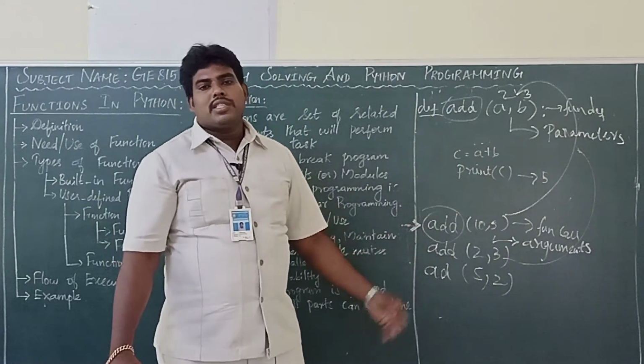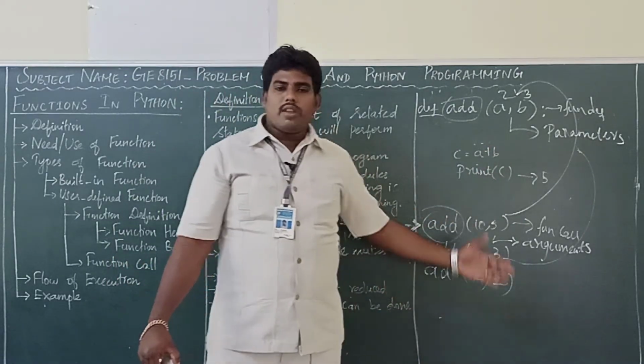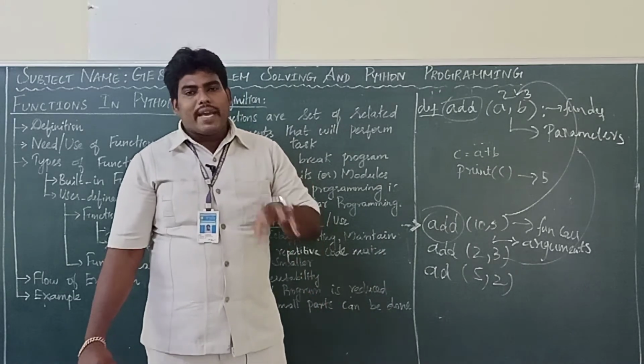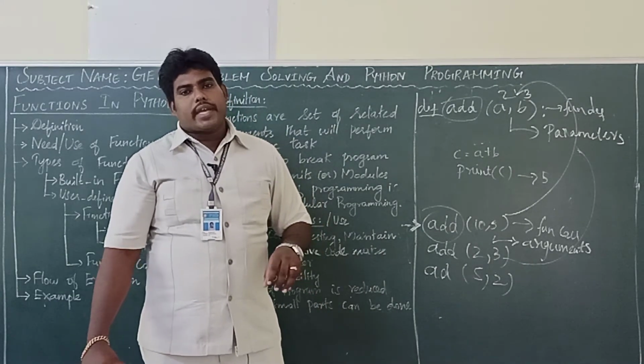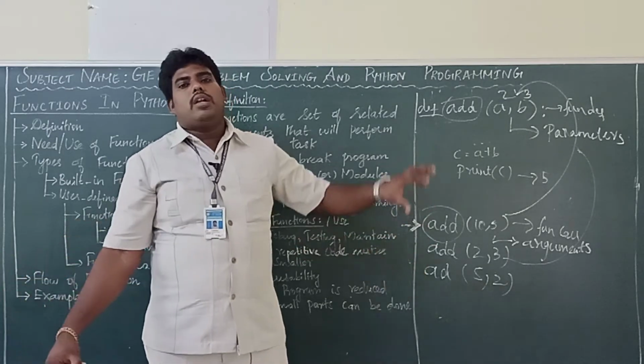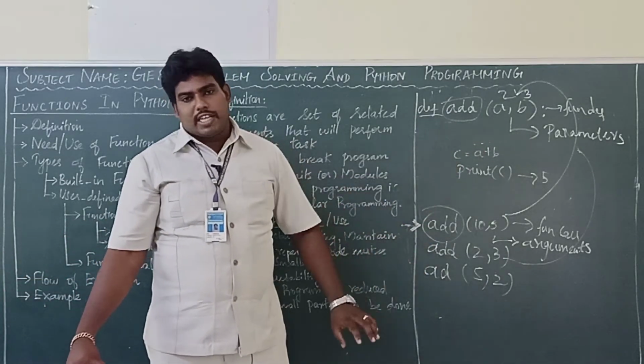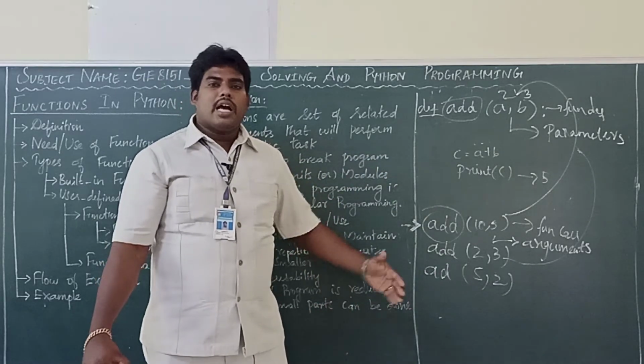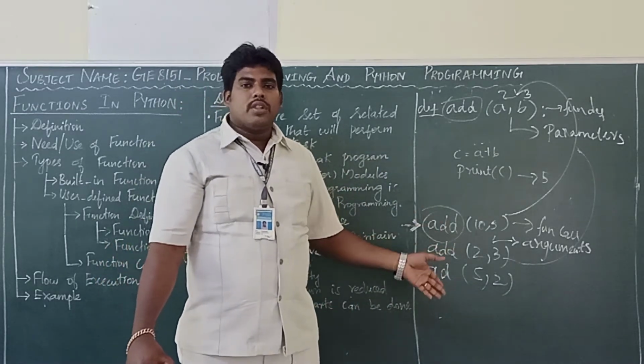Whenever I require, I can call the function using a function call. This is the main use of a function. So instead of writing repetitively 100 times, only once I can write the function definition. Whenever I require, I can call it with the help of a function call.